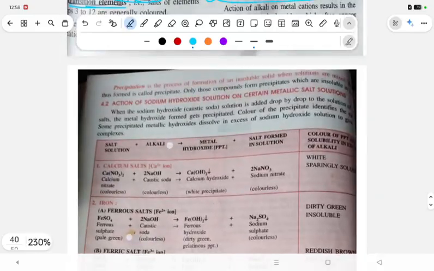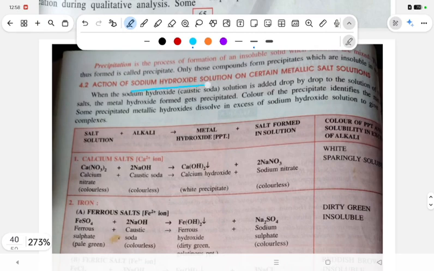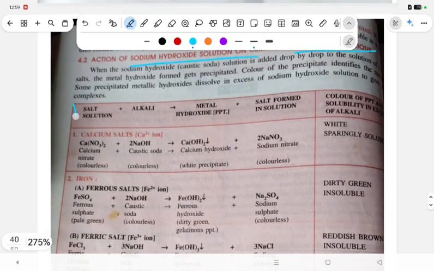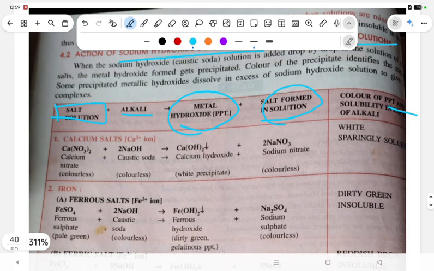Then this table: action of sodium hydroxide solution on metallic salt solutions. Salt solution plus alkali gives rise to metal hydroxide precipitate plus salt formed in solution; note the color of the precipitate and solution.